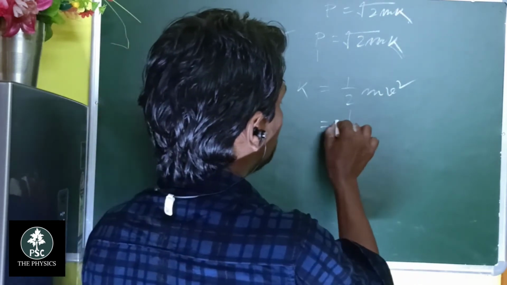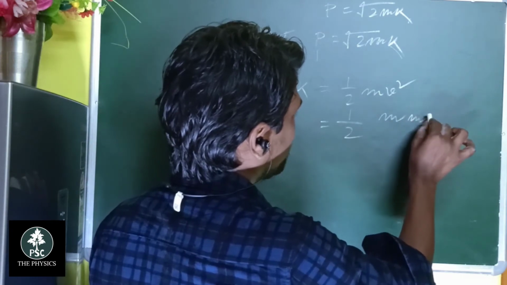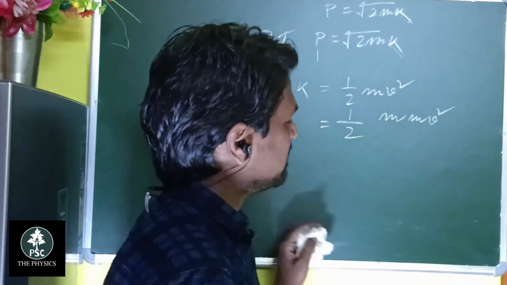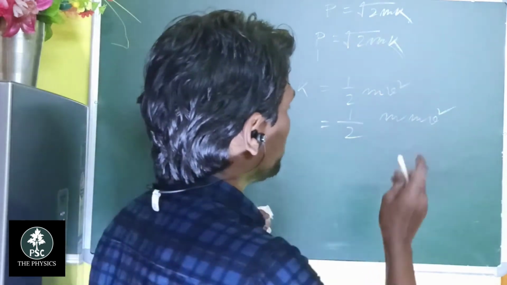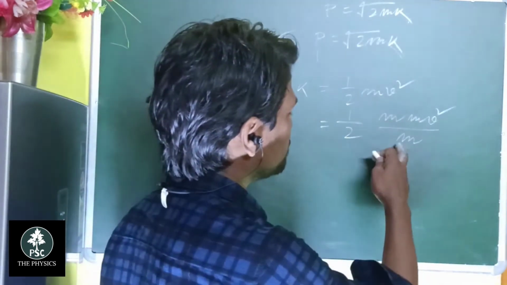And students सोचो कि m है और एक m के साथ मल्टीप्लाई कर दिए यहाँ पर, so you have to divide it with another m so that this and this one cancel.